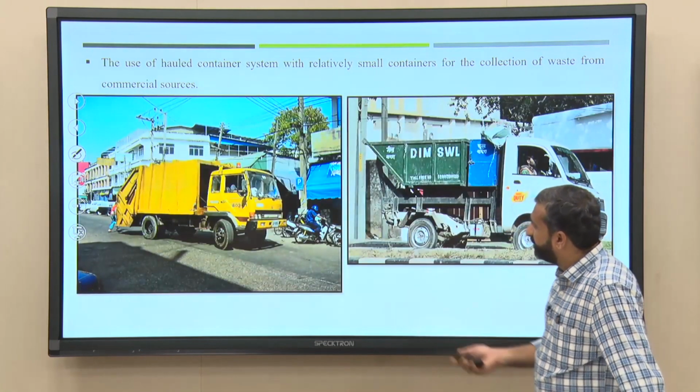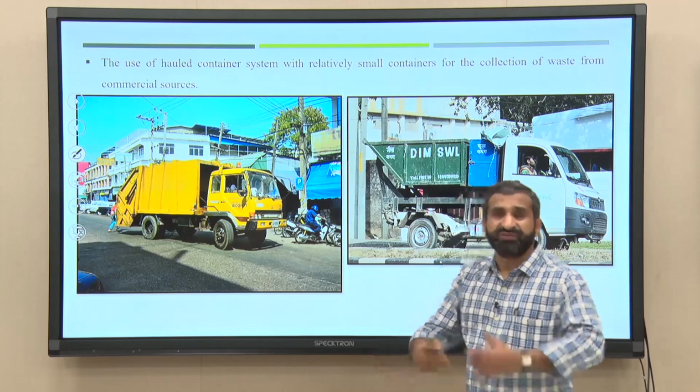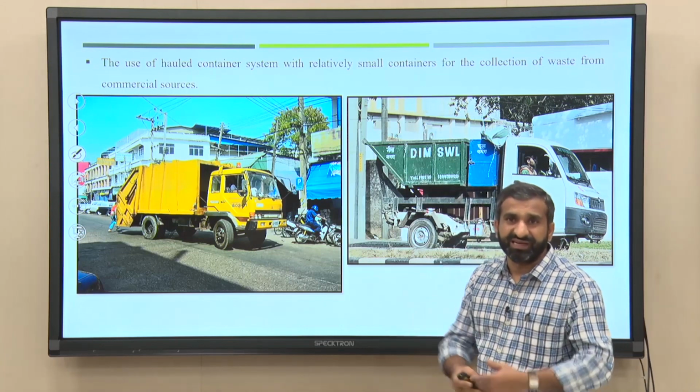So, why not plan this smaller vehicle, and we can plan a haul container system, or we can have the stationary container system also with the smaller containers, and the collection frequency we can increase in that case.